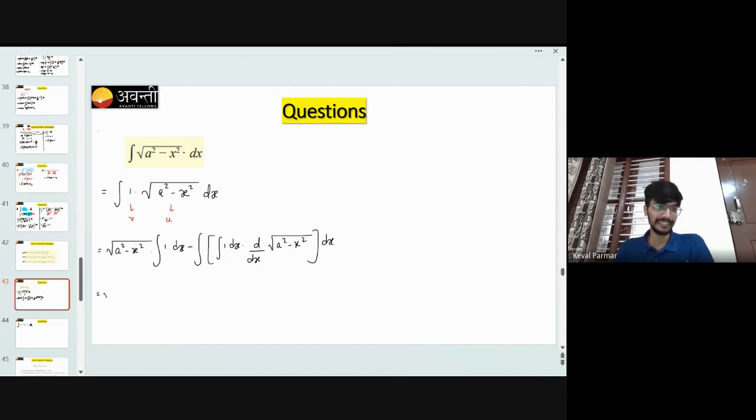So here I'll get under root of a square minus x square into x, minus integration of 1 is x, upon derivative of root, 1 upon 2 under root a square minus x square, but there will be chain rule. So I need to multiply it with minus 2x dx. Correct?